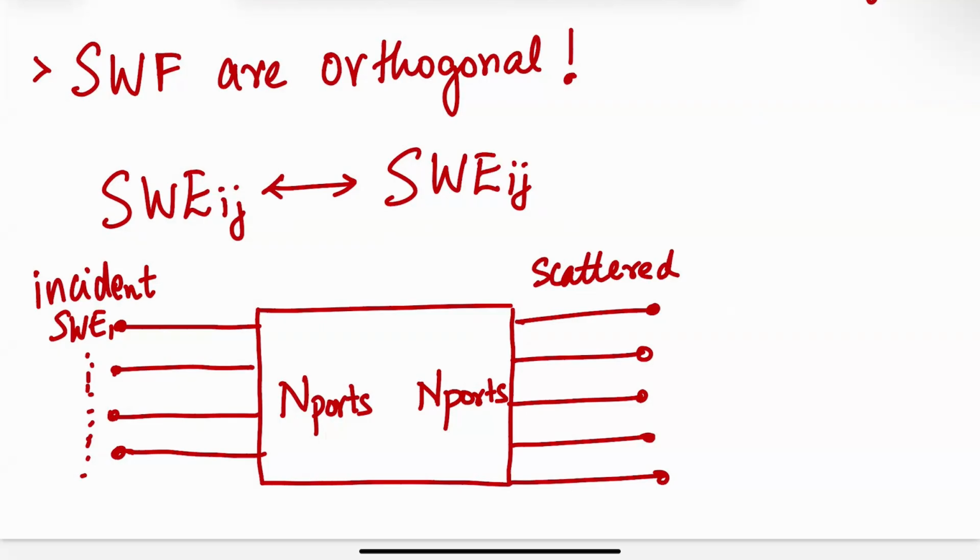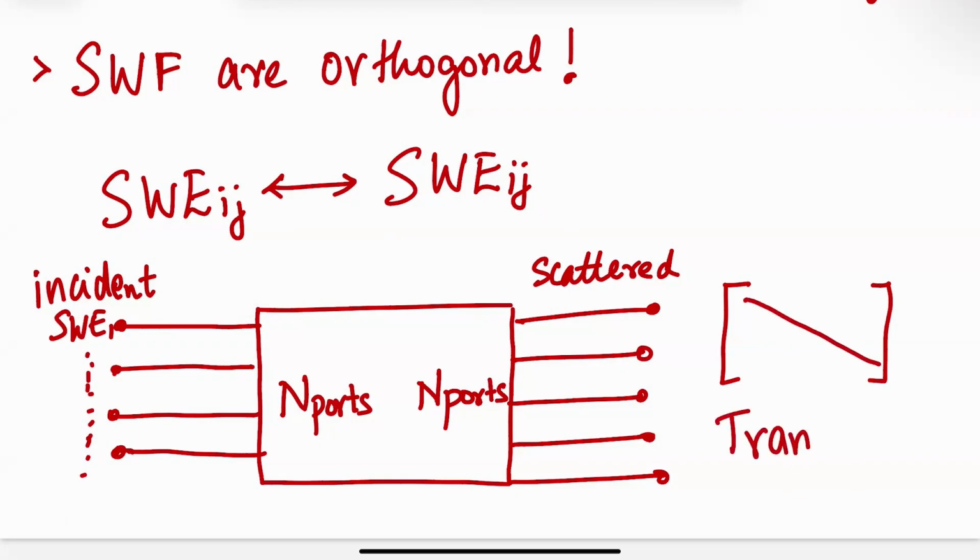If I do this kind of decomposition, then basically my S parameters will be, or let me just say not S parameters, but the transmission matrix from the input to the output will be diagonal. So this is the transmission matrix, which represents input to the output. So I have my input modes here, and I have my output modes.